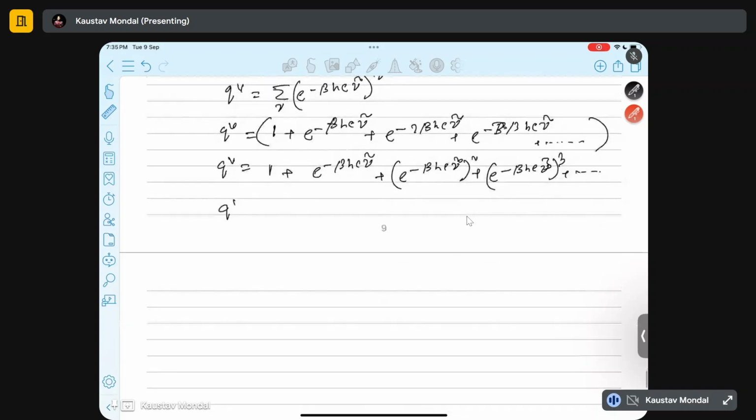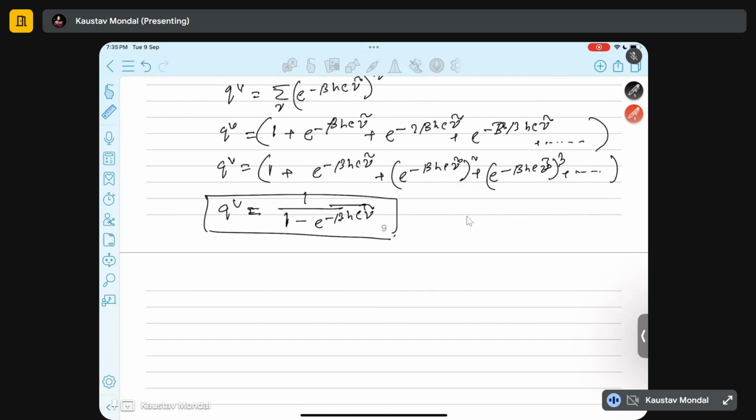So it will form this infinite geometric series. Now we simply have to use the summation formula for this kind of series that will give us this compact form, 1 by 1 minus e to the power minus beta HC nu tilde, right? The expression of QV. We got the expression of QV now.